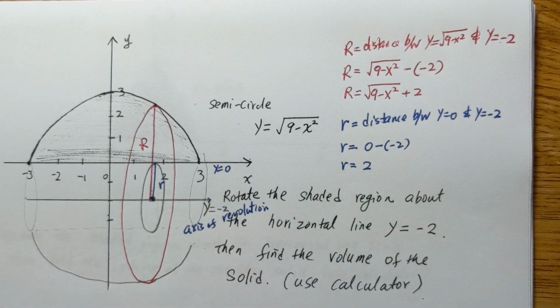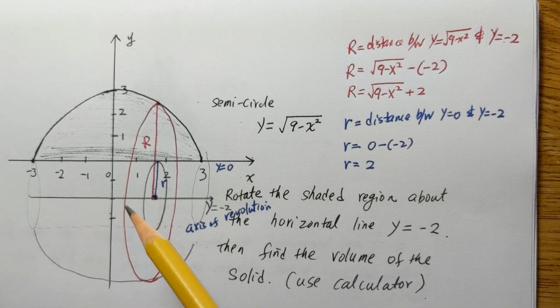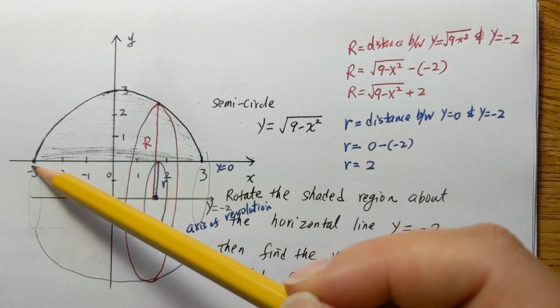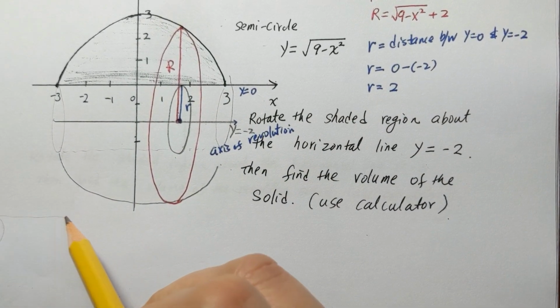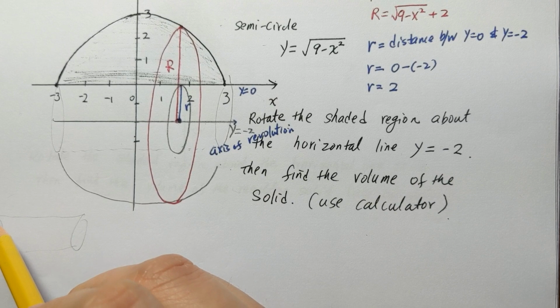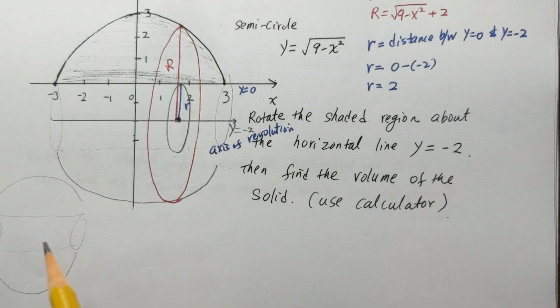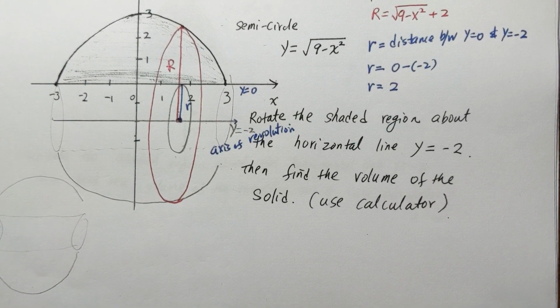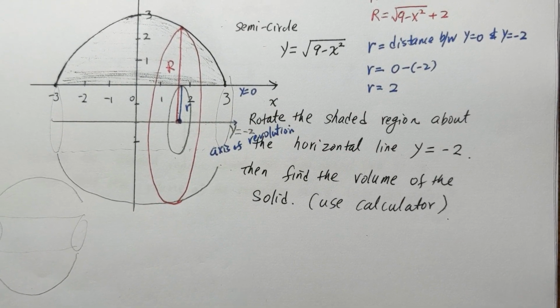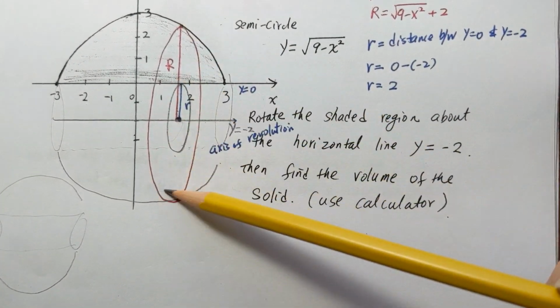Okay, now do you see it? It basically looked like a ball, and then the middle part is hollow. Even though you cannot imagine how it looks like, you still can see the cross section is a small circle and a big circle.